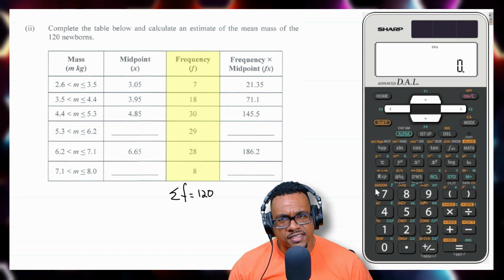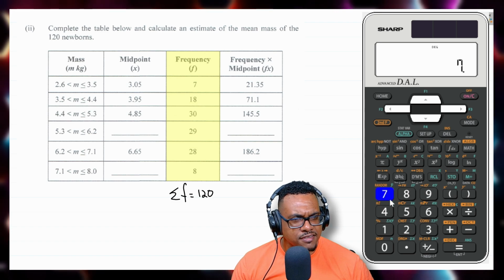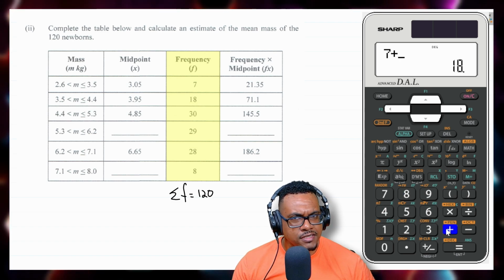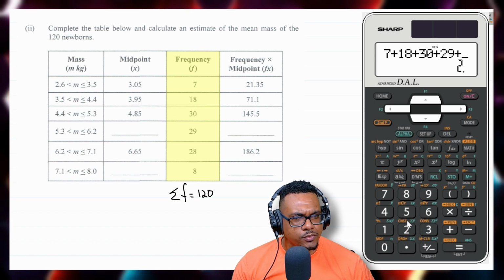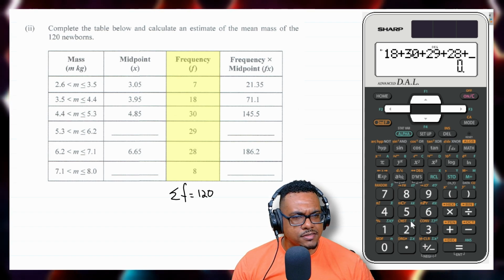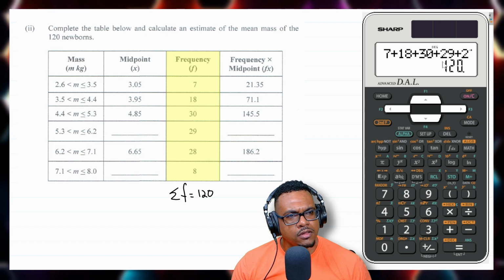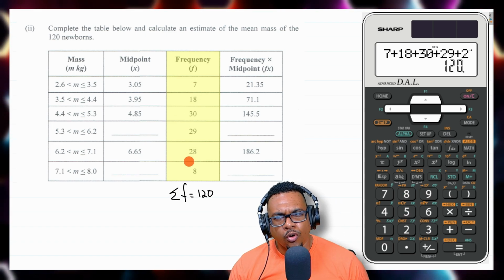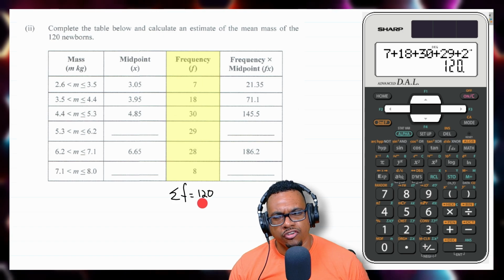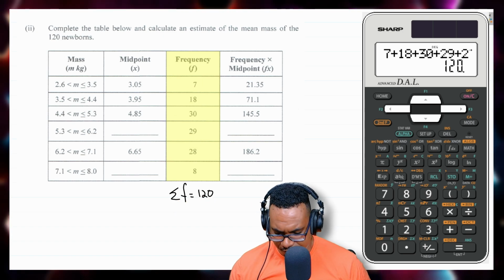I'm just going to do that on the calculator to make sure. So we have 7 plus 18 plus 30 plus 29 plus 28 plus 8 equals 120. So we see that the sum of all the frequencies is 120, which is sigma F.